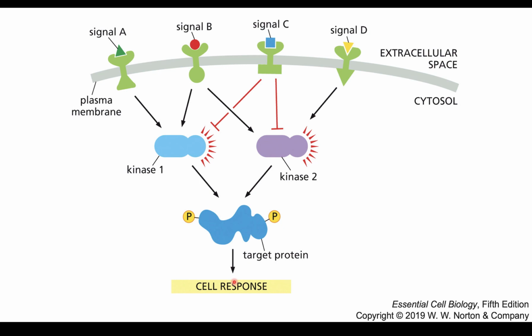So the interactions between these cell signaling pathways means that the cell can have a very precise response to particular signals, sometimes a stronger response, sometimes a less strong response, so that the response should be proportional to the things that are happening in its environment.